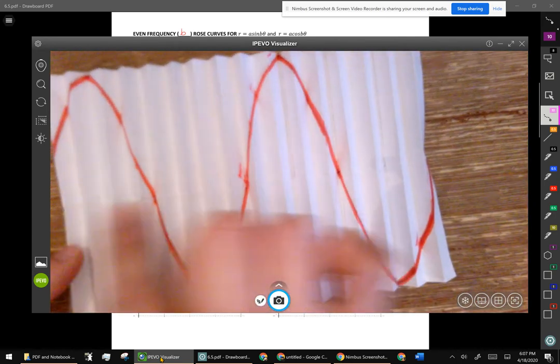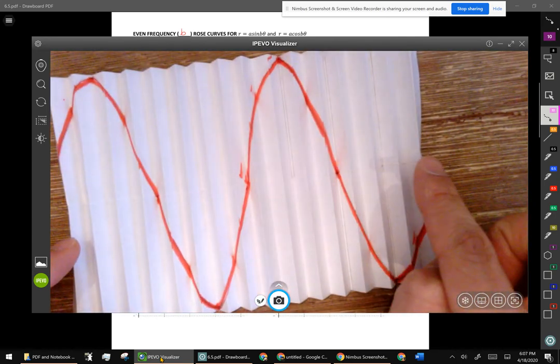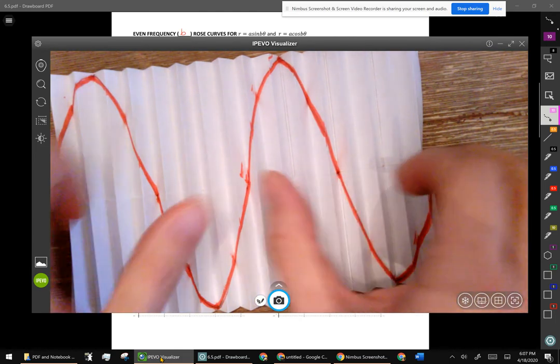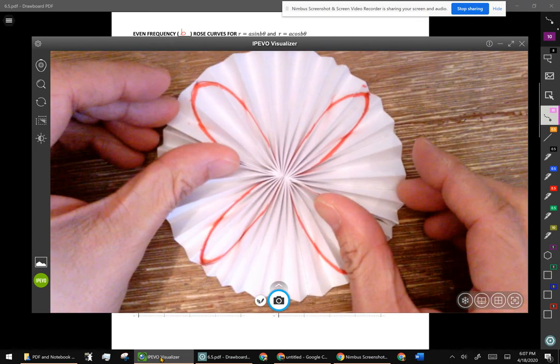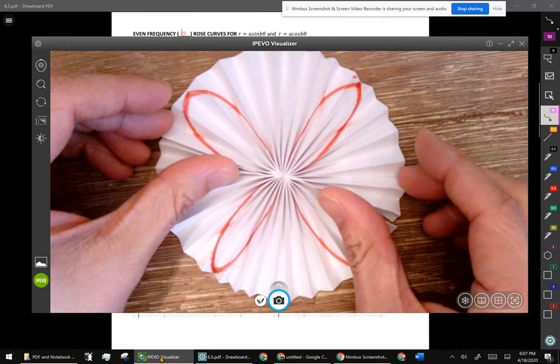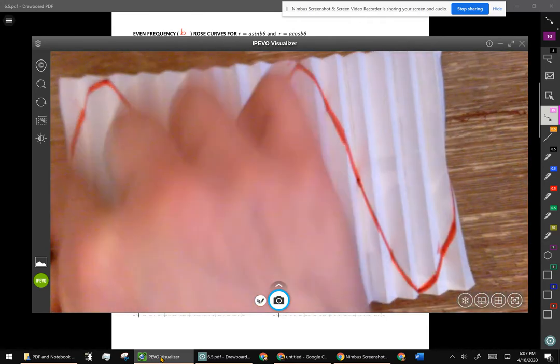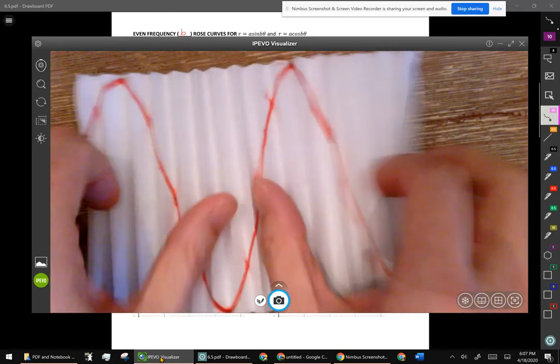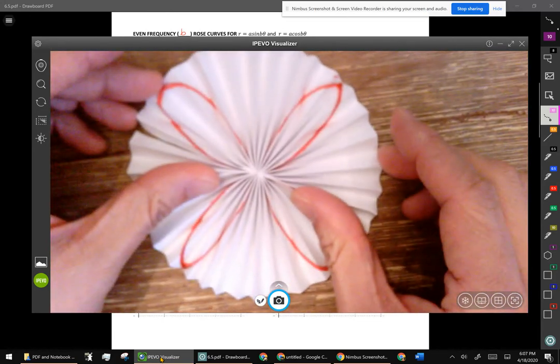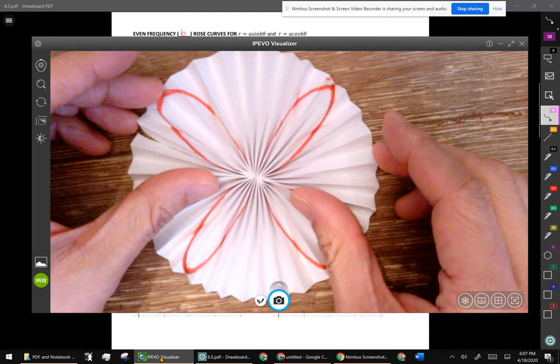You have a linear axis here, but you take that linear axis and make it circular or radial. And basically, that's how each one of these maxes and mins become the petals of a polar graph.